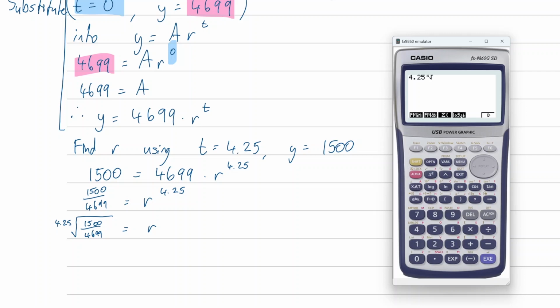Then we put what's under the root symbol. In our case, it is 1500 divided by 4,699. I'm using brackets here to make sure it uses that whole expression. We hit execute, and r equals 0.764.